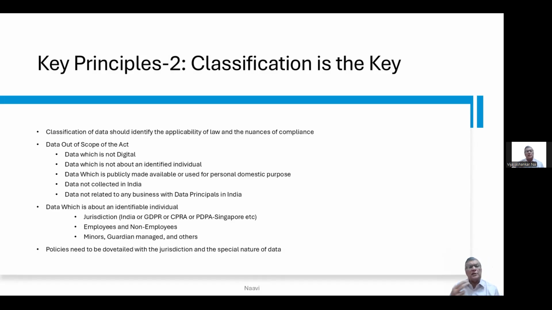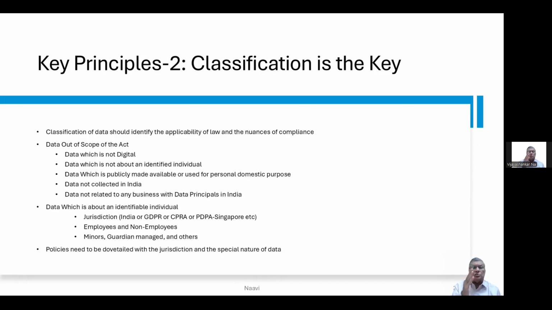If it is based on consent, it is different. And consent itself may be multiple. In some consents, some permissions are available. In another consent, some permissions are not available. So there are lots of issues which we have to take into account when we comply with DPDPA. And if classification has to support the compliance, then classification cannot be very broad, saying confidential, public, employees only, or something like that.